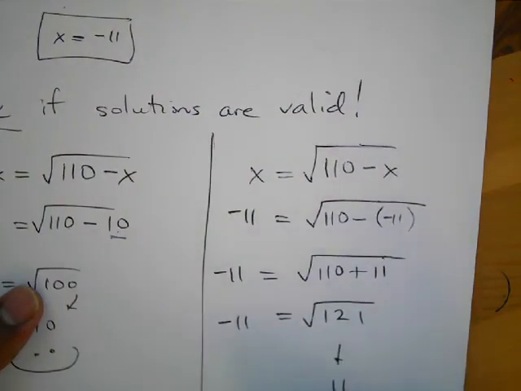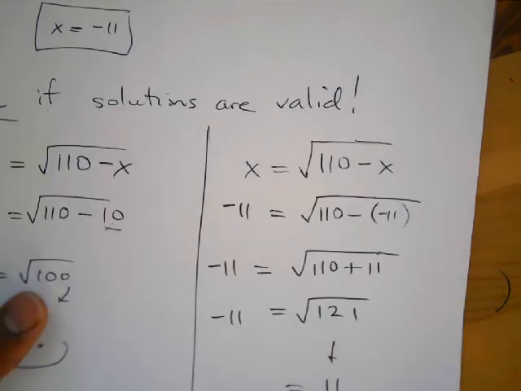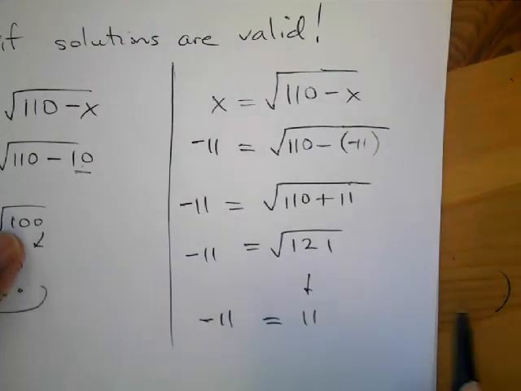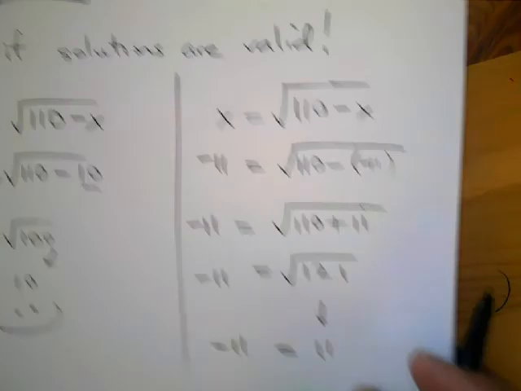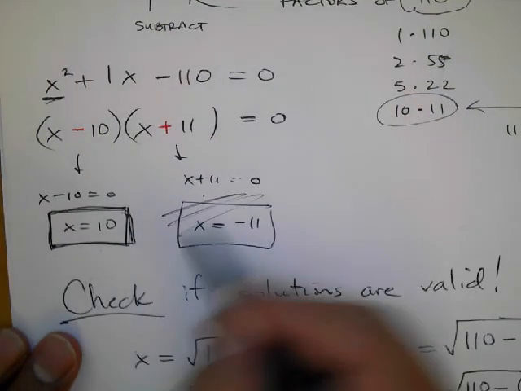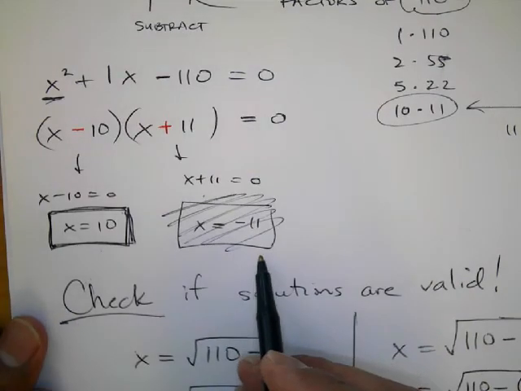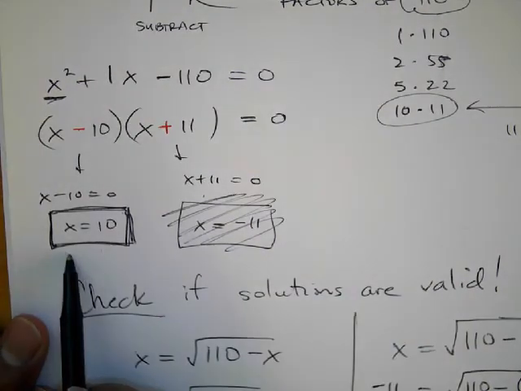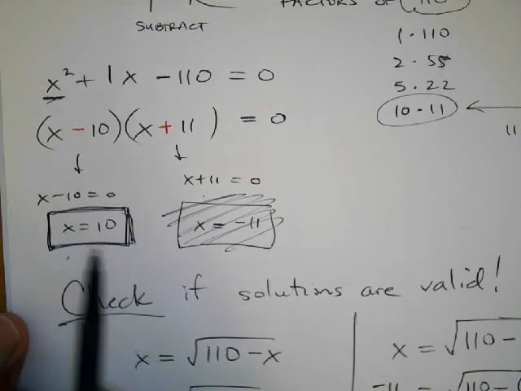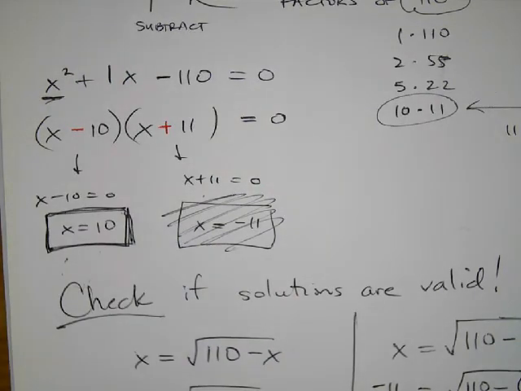That's going to be the square root of 121. Does that equal negative 11? No. It actually equals positive 11. The square root of 121 is positive 11. It doesn't equal negative 11. So guess what? We cannot accept this answer. You won't see this answer on the key. When you get two answers, that's why you'll only see one of them. Even though we did get two answers, only this one's the valid one.